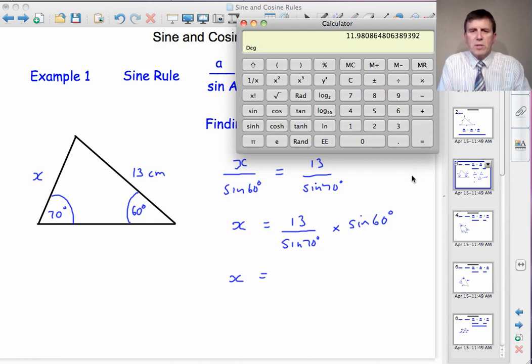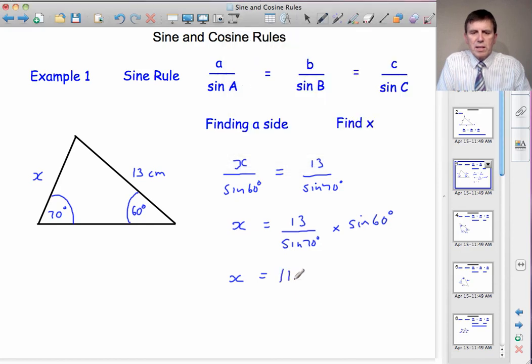Let's give the answer to 2 decimal places. 11.98. 11.98 what? Well, this side was measured in centimetres, so the answer will also be in centimetres. So we've now found the missing side. Let's move on and look at a second example.